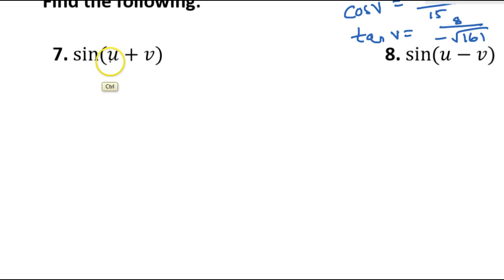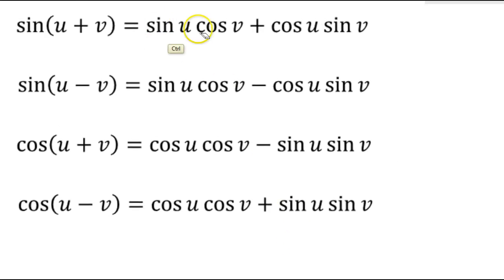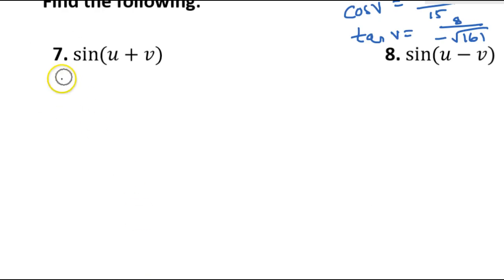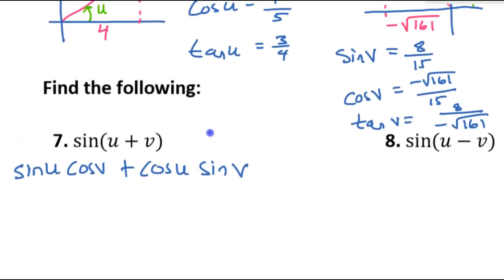Looking at number 7, the sine formula, when we're talking about the sum, is sine, cosine, cosine, sine. And sum stays addition. So that's what we are going to do. Sine, cosine, cosine, sine. Now we'll substitute all of these values in.